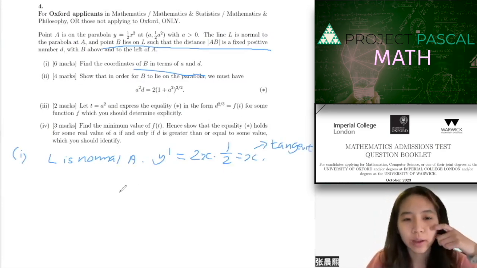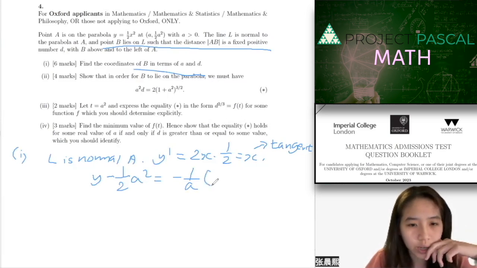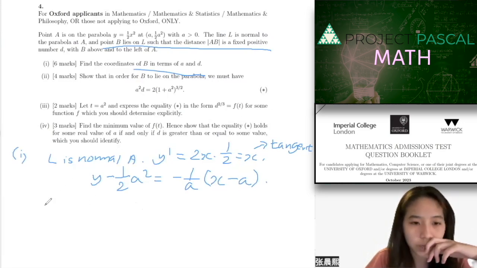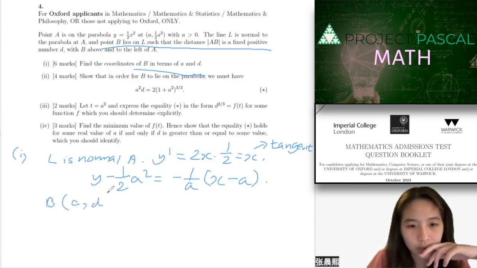So at that point, the equation is y minus half a squared equals to negative 1 over a, x minus a. So B, you let it be, say, c and d.